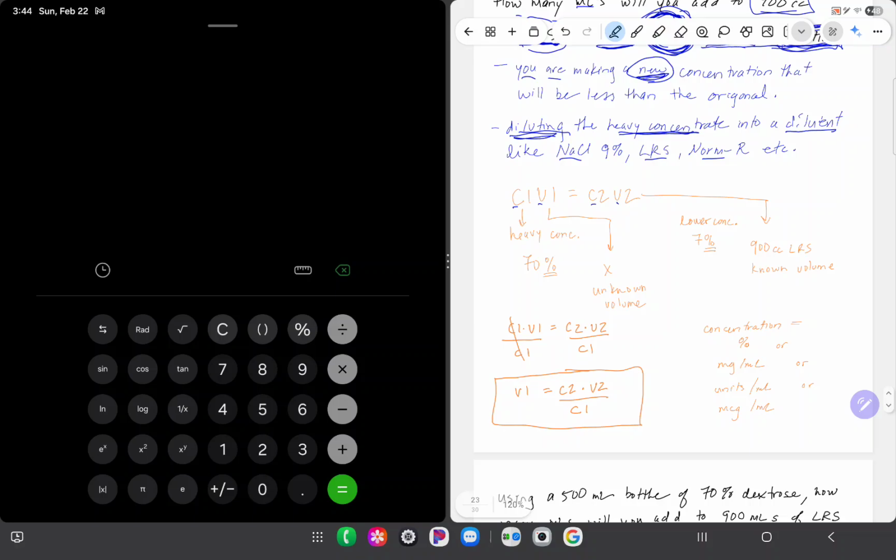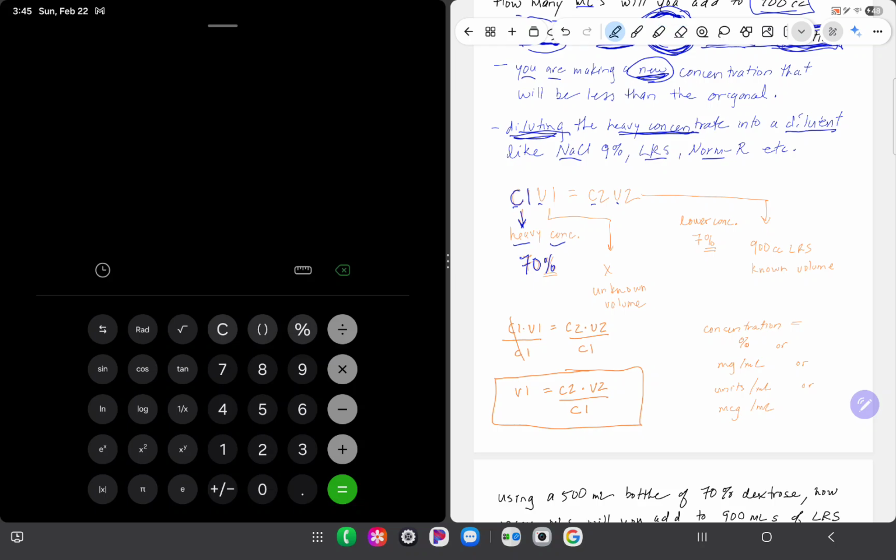C1 is your first concentration, or what I like to call my heavy concentration. And I'm going to write that down as my 70%, so that I can just have that in my brain.